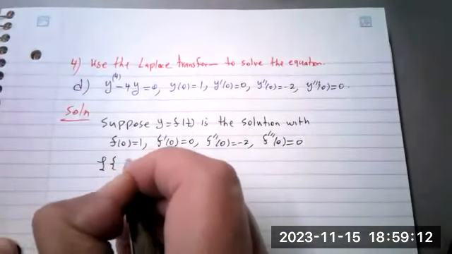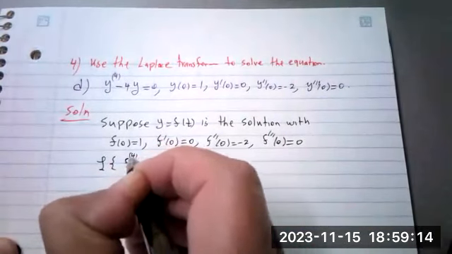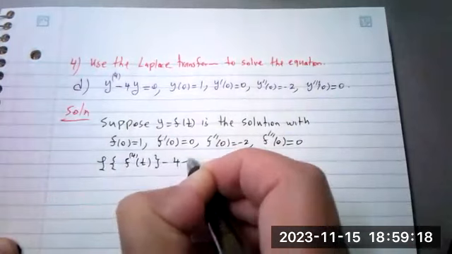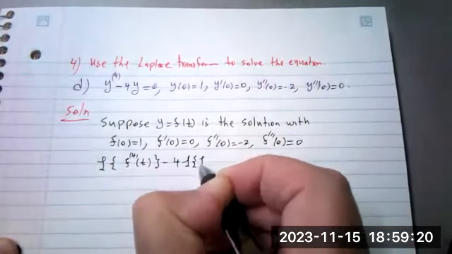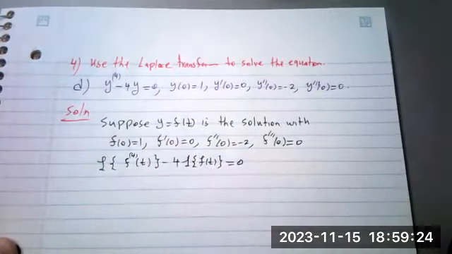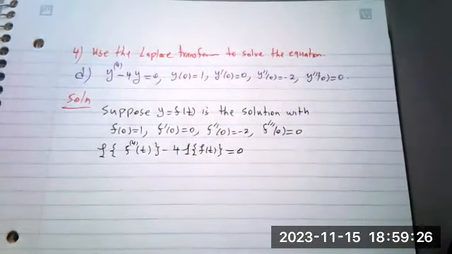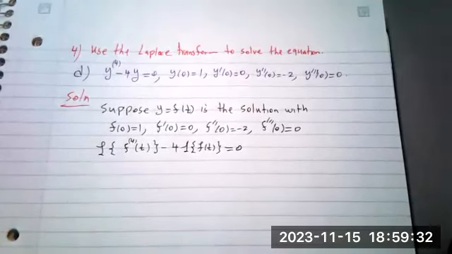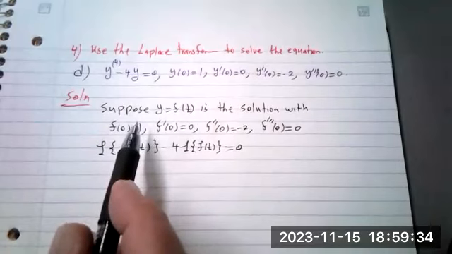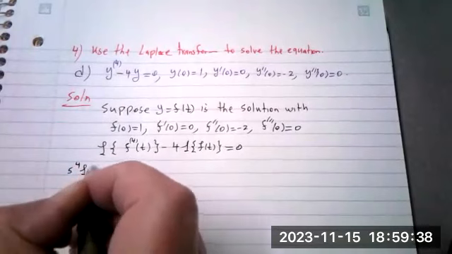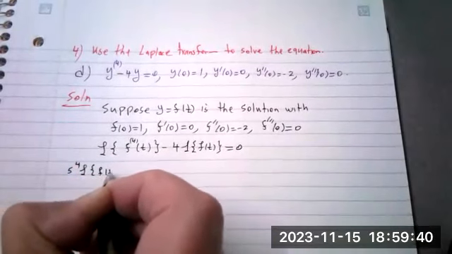So the Laplace of the 4th derivative of f of t minus 4 Laplace of f of t equals 0, because Laplace of 0 is 0. Now change this into the Laplace of f of t. The formula is s to the 4 Laplace of f of t.